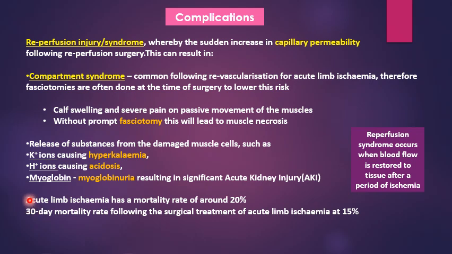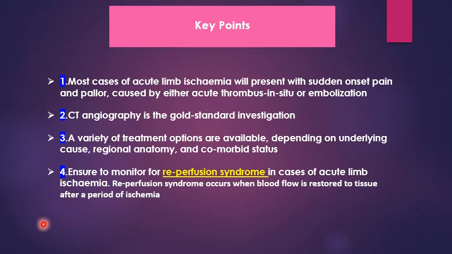Acute limb ischemia has a mortality of around 20%. The 30-day mortality rate following surgical treatment of acute ischemia is 15%. So there is a significant risk of mortality following an episode of acute limb ischemia.